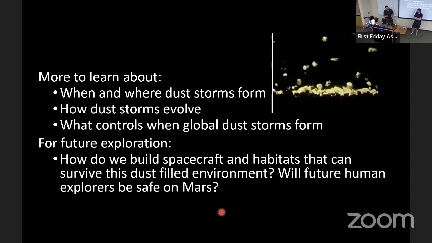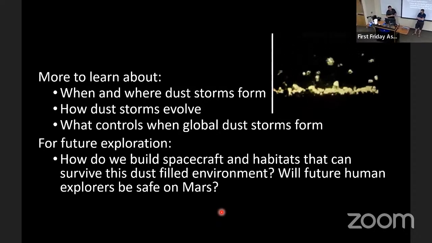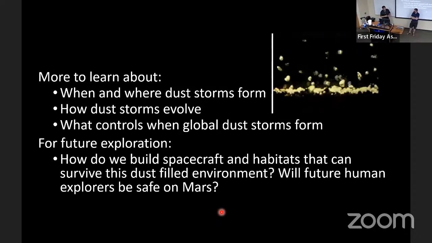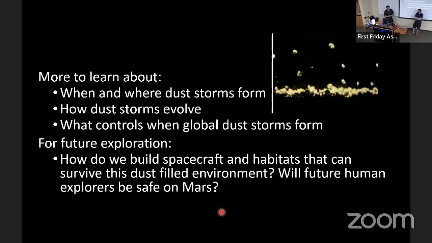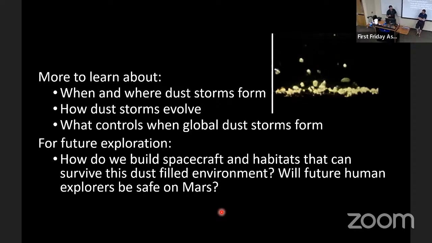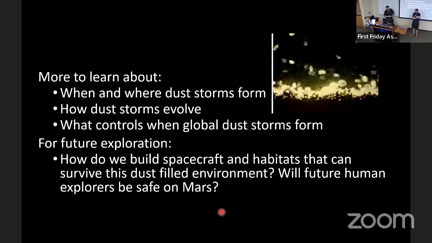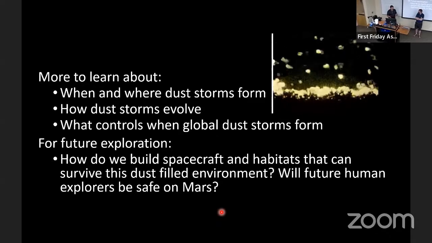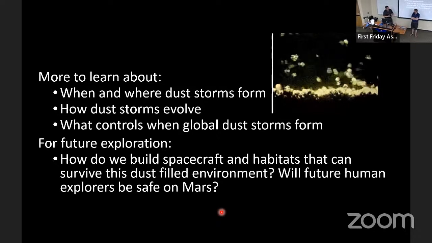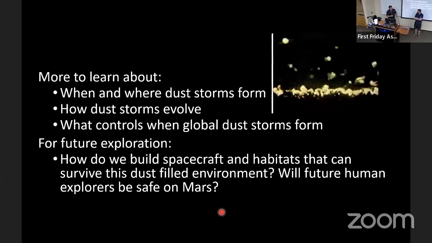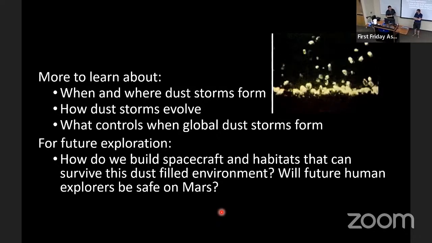I didn't have time to talk about it today, but one of the older ideas about how dust storms work is what's called the dusty hurricane model, where some people in the 70s proposed that the same physics that drives hurricanes drives these dust storms. Part of the reason they proposed that is the wind speeds are comparable. The planet is smaller, but the rotation rate on Mars is similar to Earth, only about a 40-minute difference in the length of the day.